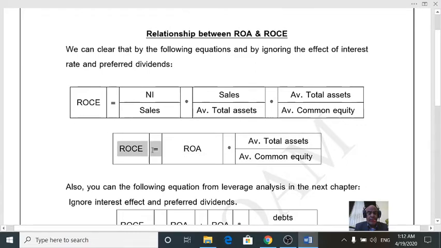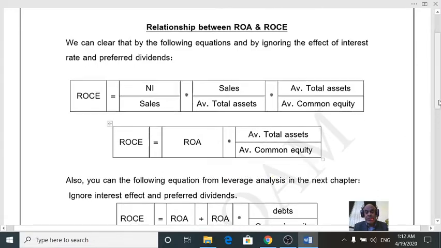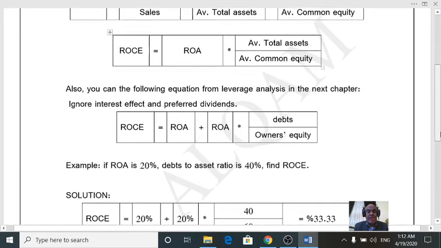Return on common equity equals return on assets multiplied by average total assets over average common equity. If we ignore the effect of averaging, we can call it return on assets multiplied by total assets over common equity.